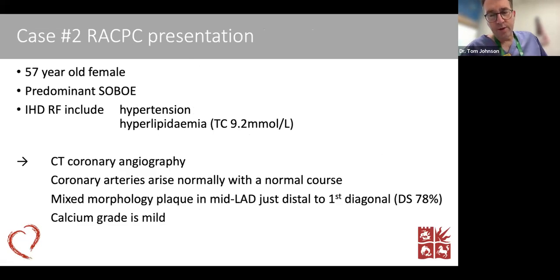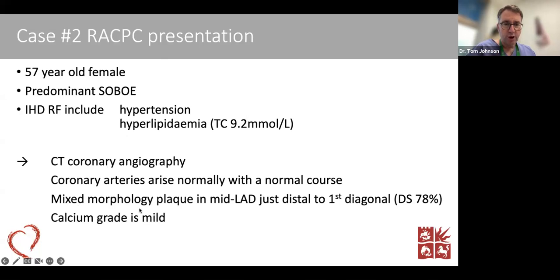And as is the case in most of our rapid access chest pain cases, she underwent a CT before coming to cath lab. And the reason for emphasizing that is I think the CT provides some really important information that sometimes we are at risk of overlooking. And in this case, I hadn't looked at her CT scan before undertaking the angio. I'd simply seen the written report.